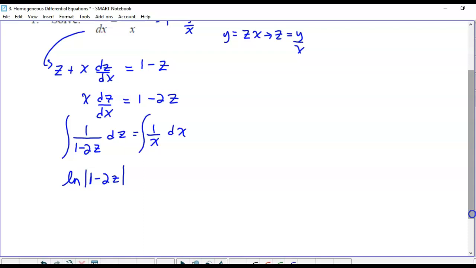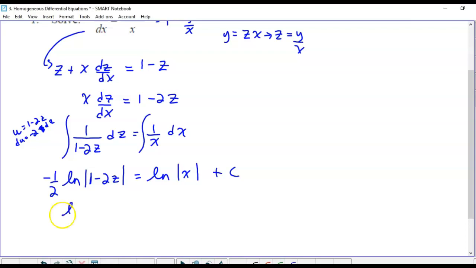Remember we can substitute u equals 1 minus 2z, so du equals negative 2 dz, so that's going to be negative 1/2. We're going to multiply both sides by negative 2 to get rid of the negative 1/2.